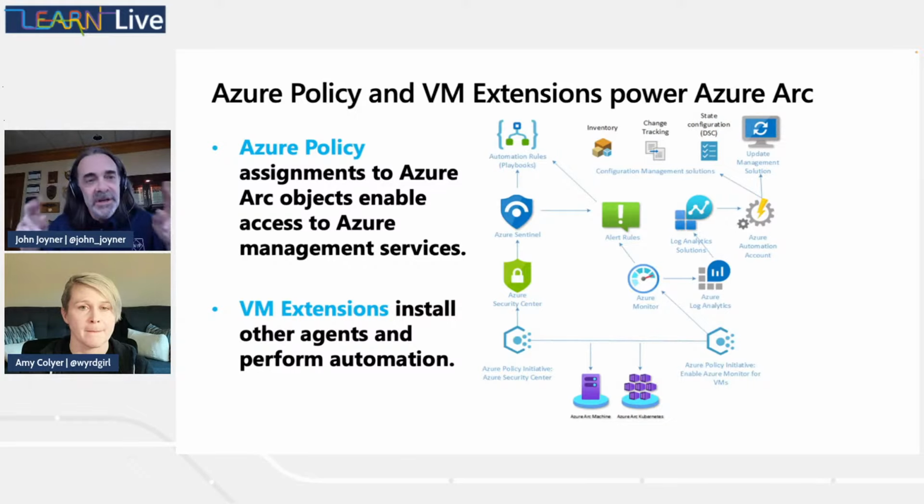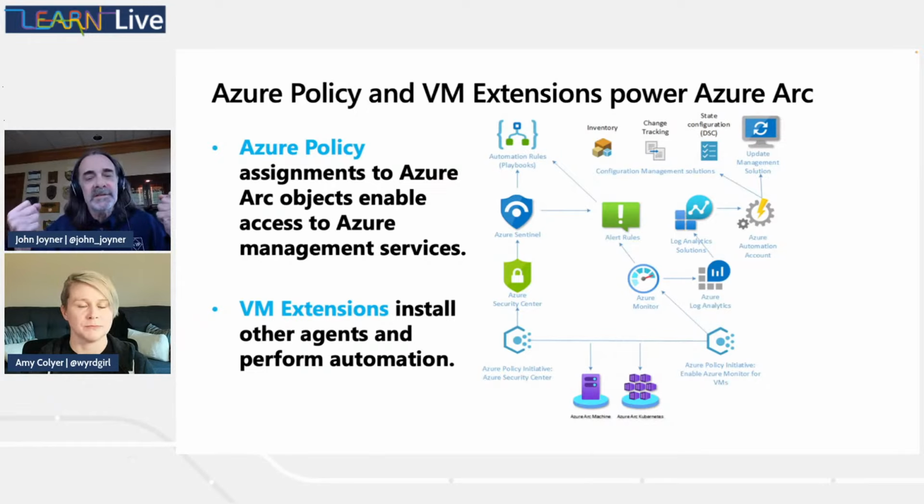And the genius behind Azure Arc is that there's a little piece of software, we're going to see it in the demo, that you put on your on-premises server, and it emulates the extensions management capability that your Azure VMs have.